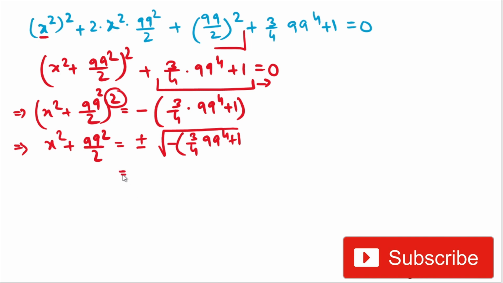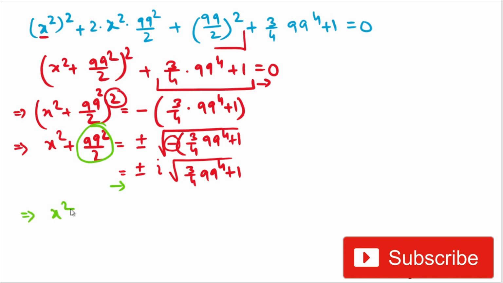Now in the next step we can write plus minus, the square root of negative is i or iota. So we can write i times square root of 3 by 4 times 99 raised to the power 4 plus 1. Now in the next step we'll write this 99 square divided by 2 in the right hand side, so it will be negative. So we can write x square is equal to negative 99 square by 2 plus minus iota square root of 3 by 4 times 99 raised to the power 4 plus 1.